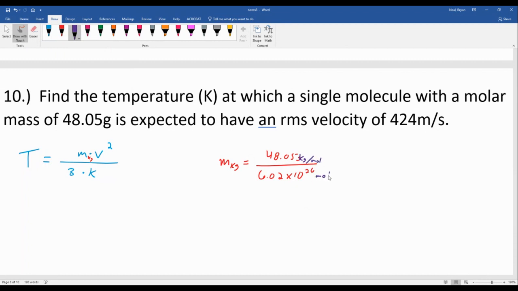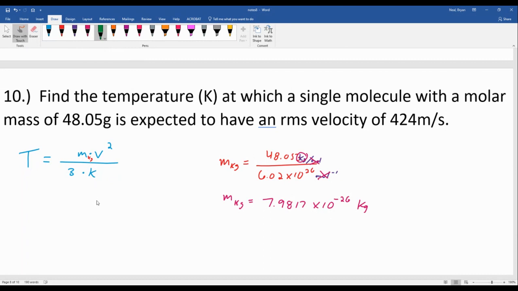And then again, this one has the mole -1, which are weird units, but they immediately cancel, and we get kilograms. All right, then dividing this, that's 7.9817, and it goes on, but that's enough, times 10 to the -26, and that's kilograms, which is what we needed over here.